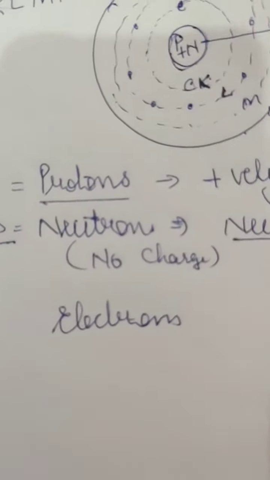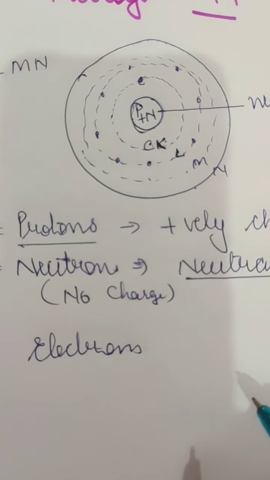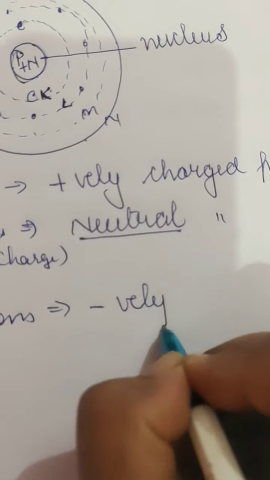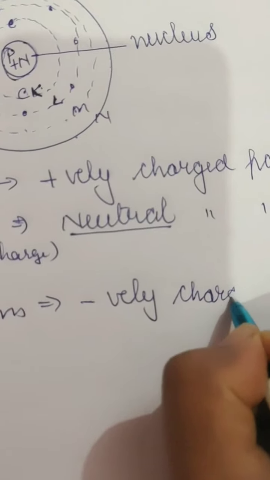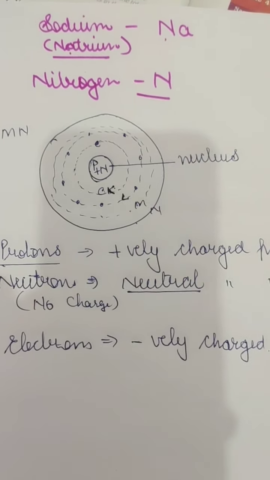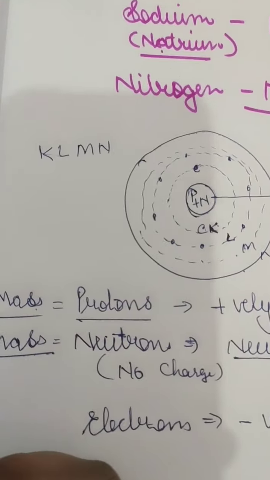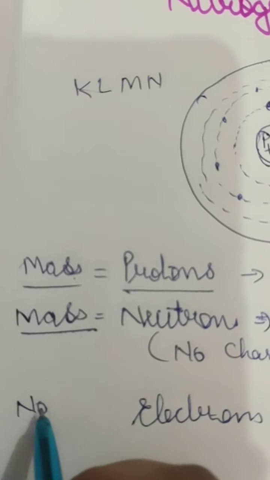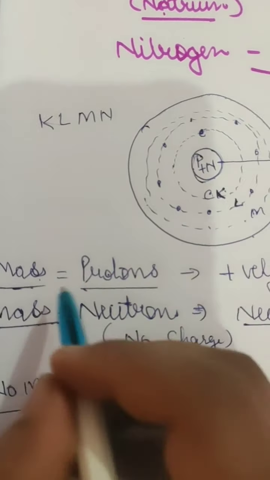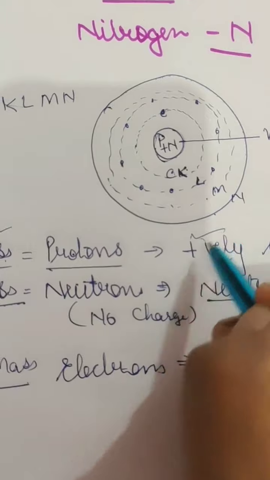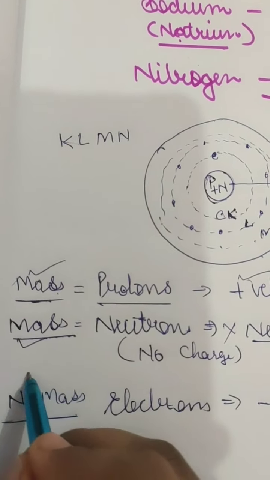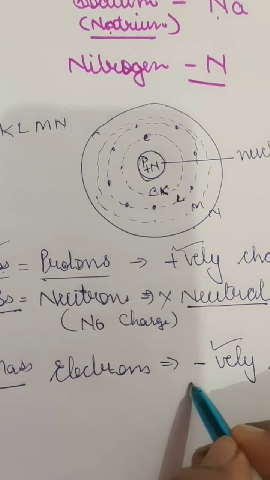Electrons are very tiny, just like protons and neutrons, but they are negatively charged. So remember that protons are positively charged, neutrons are neutral and electrons are negatively charged. But electrons do not have any mass. So protons have mass and charge, neutrons have mass but no charge, electrons have no mass but charge.